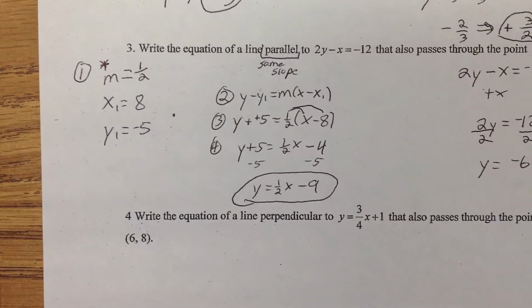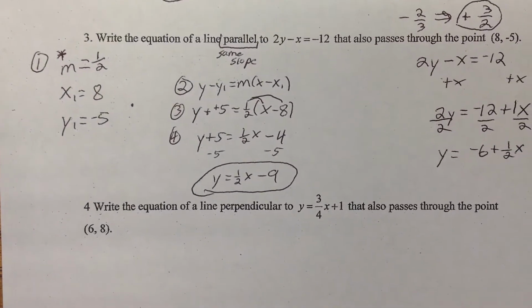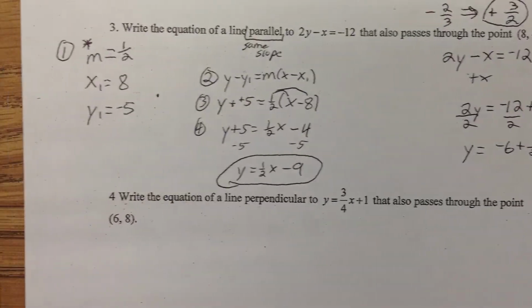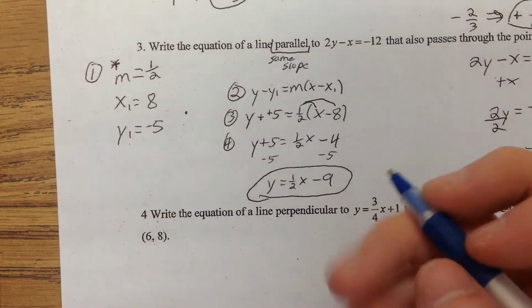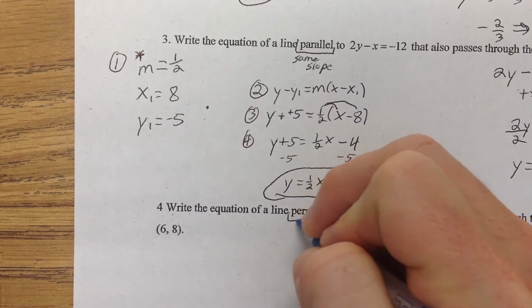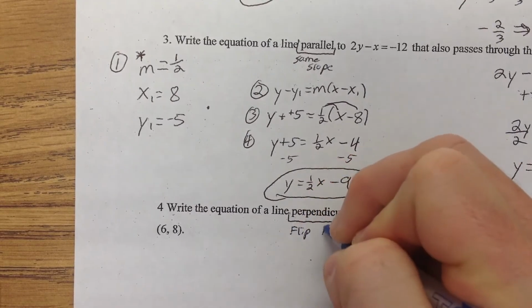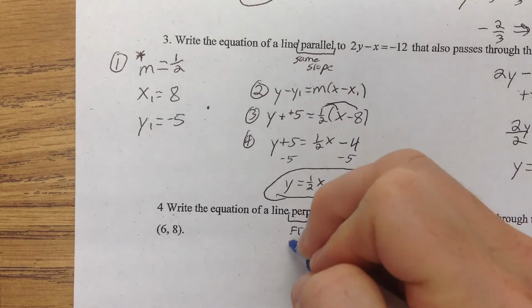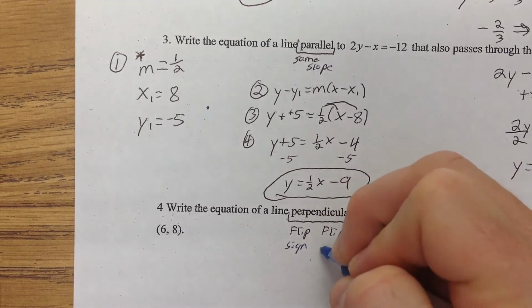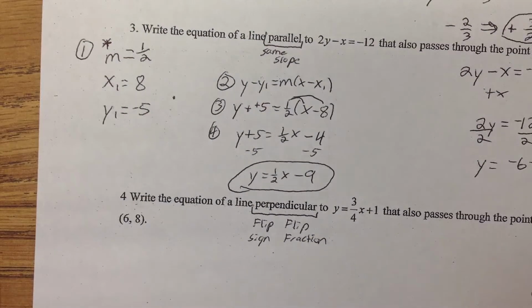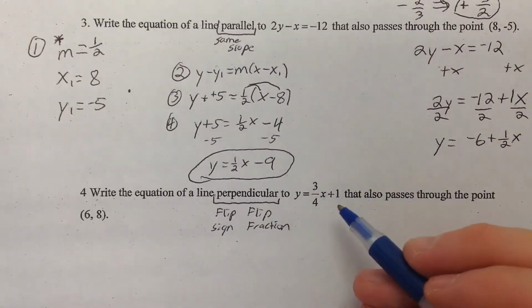Write the equation of a line perpendicular to y equals 3/4 x plus 1 that also passes through the point 6, 8. So perpendicular is where we have to remember flip, flip. We're going to flip the sign, and we're going to flip the fraction. So on this one, it's nice because the y is already by itself.